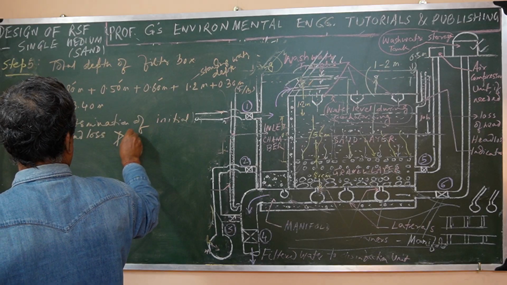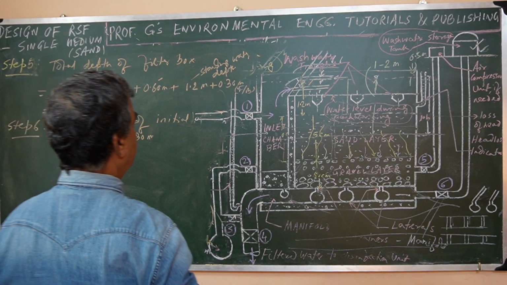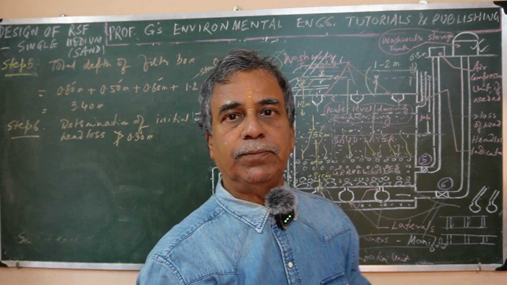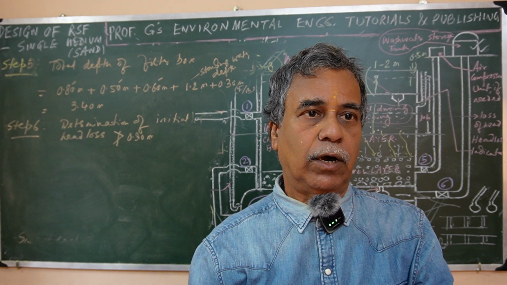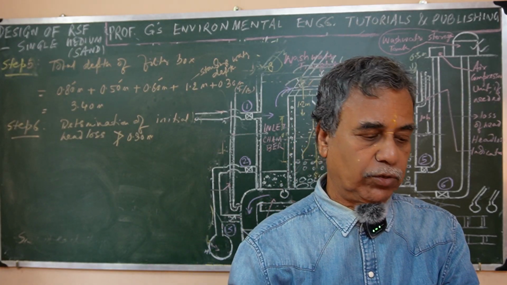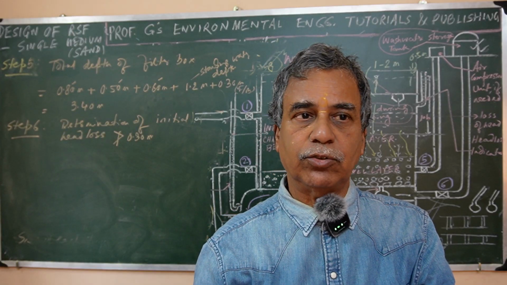This initial head loss is calculated based on the Karman-Cousins equation, sometimes Cousins equation also as it is called, where we have used the Karman-Cousins constant, that is K or so.